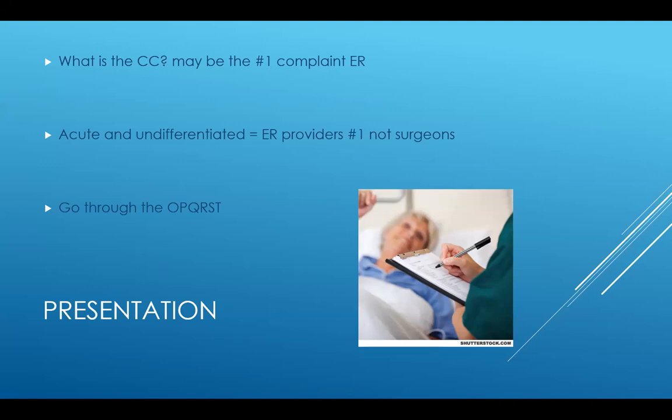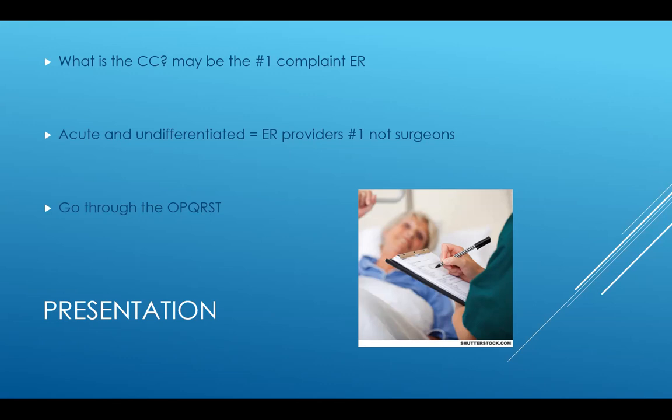So in reality, the emergency room providers are probably the number one provider that's going to assess undifferentiated acute abdominal pain. The surgeons usually have the patient already evaluated and filtered to them for the most part.